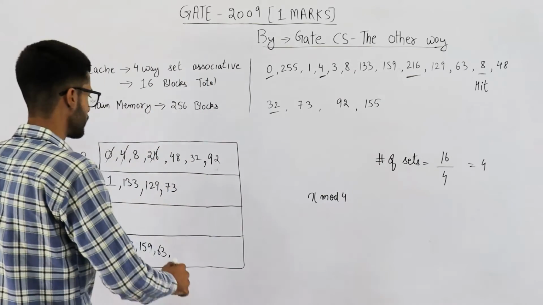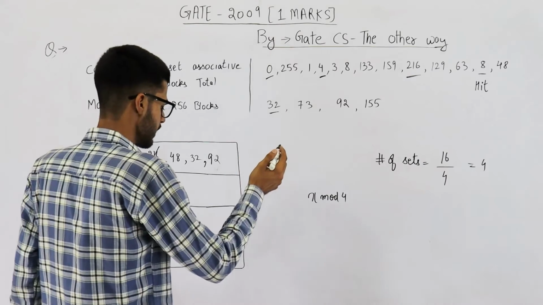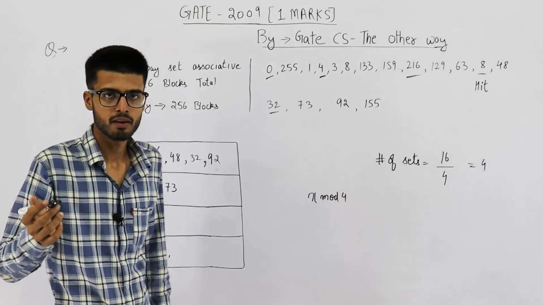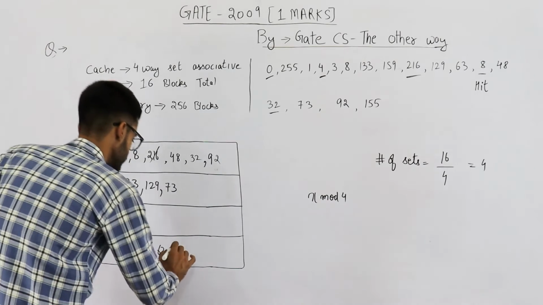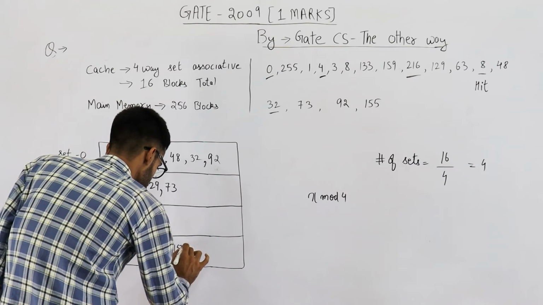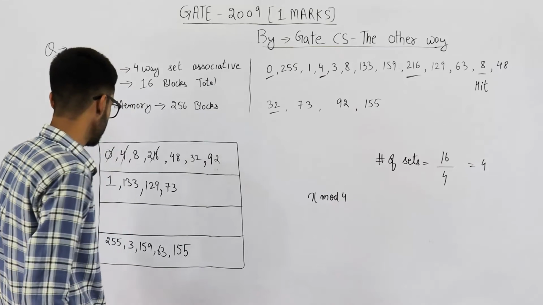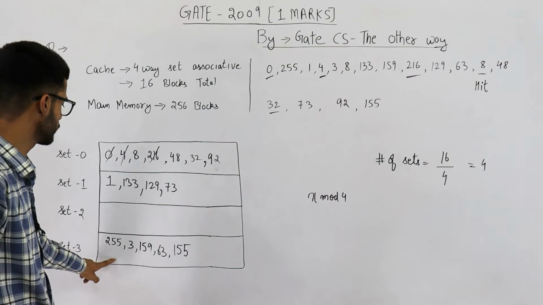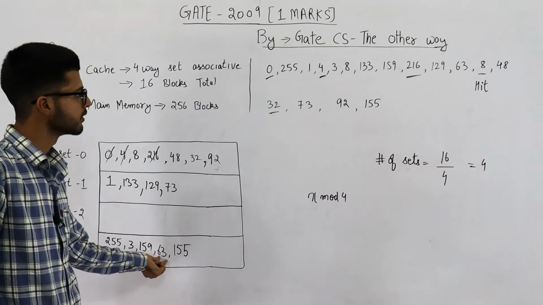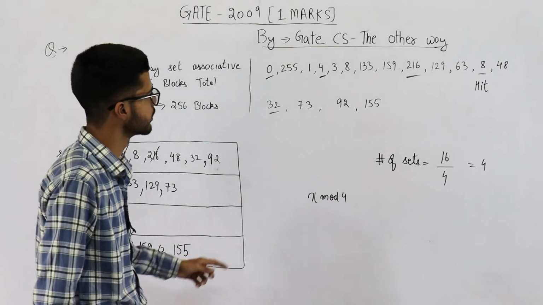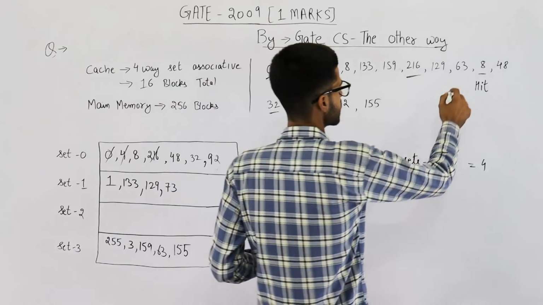Let's consider this one also. So it will be 155. The remainder is 3. So 155 will be placed here. Actually, here also we will have to delete one block. Let's see which one gets deleted. Will 63 be deleted? 63 is here.